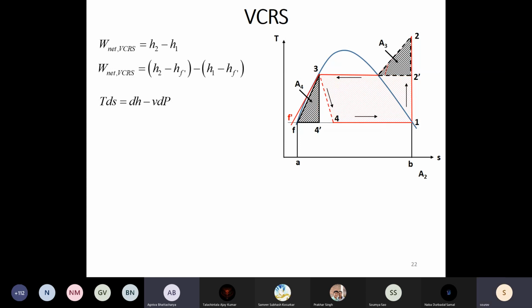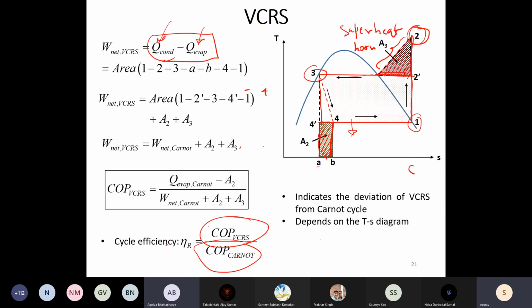So let's slightly change our analysis of the throttling loss. We have realized that this rectangle is the throttling loss. Let's change our analysis such that the throttling loss, which is the area under this rectangle, comes out to be the area under something else, which will have a direct correlation with the properties of the substance.